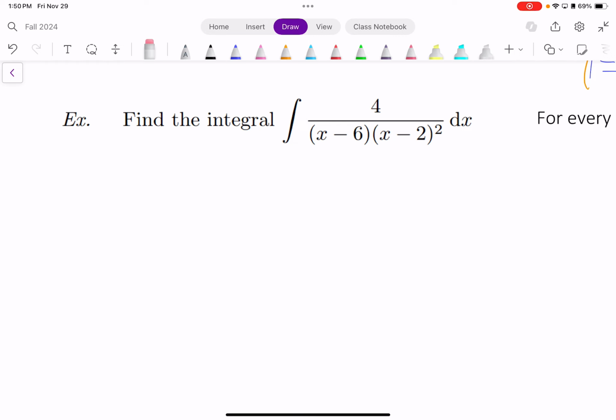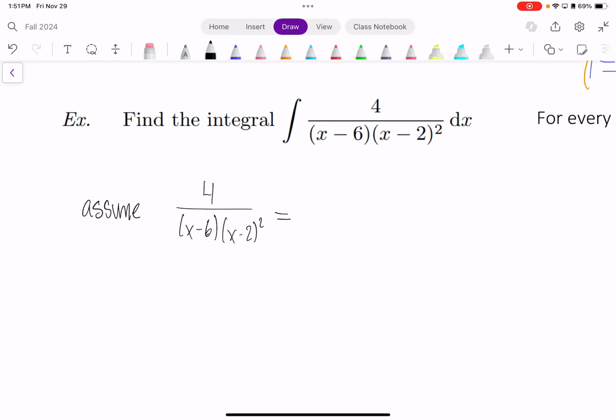So this one's a little bit of a tough one, okay? What we're going to do is make the assumption that this fraction can be written as... okay, when you have a repeated root, all you do is add an additional term with that higher powered root.